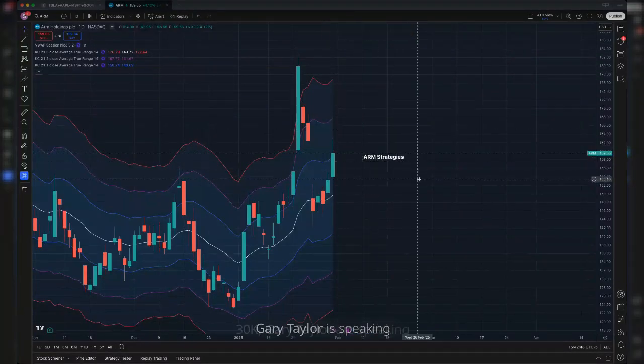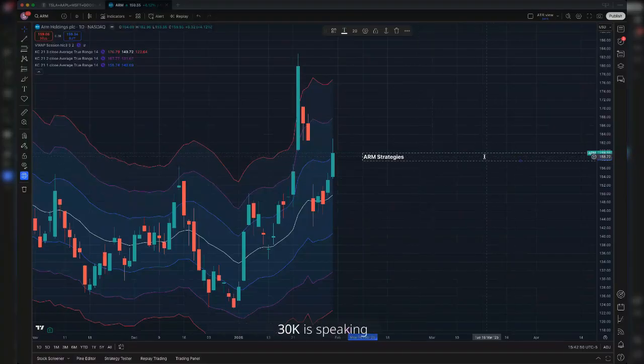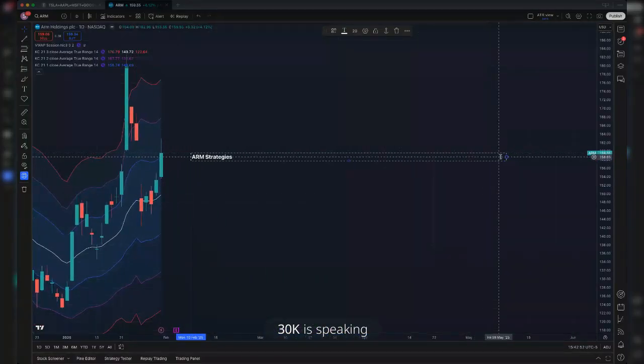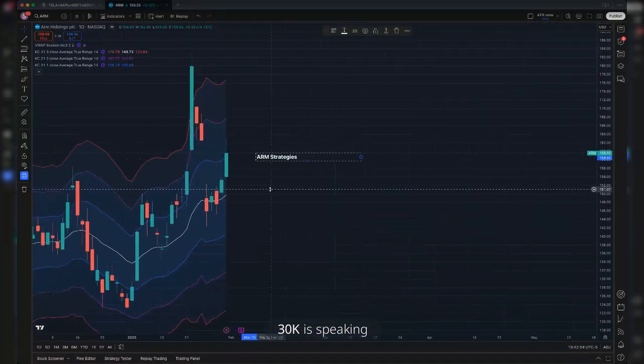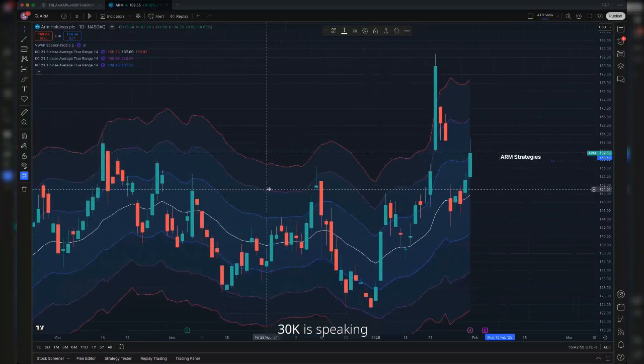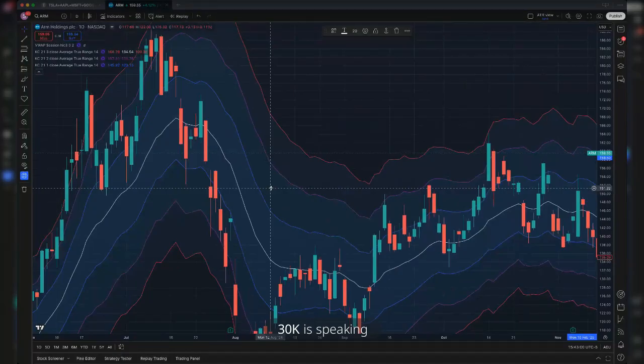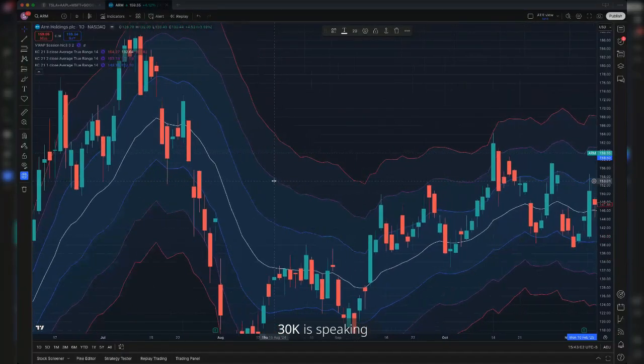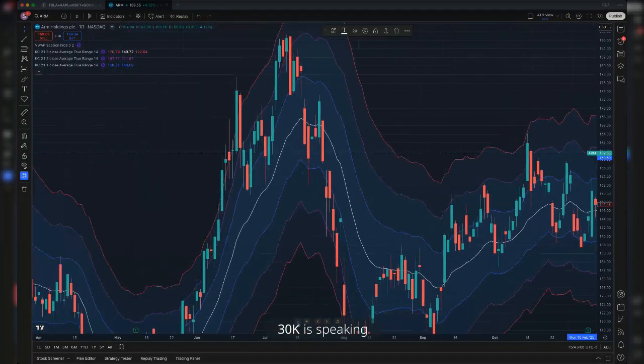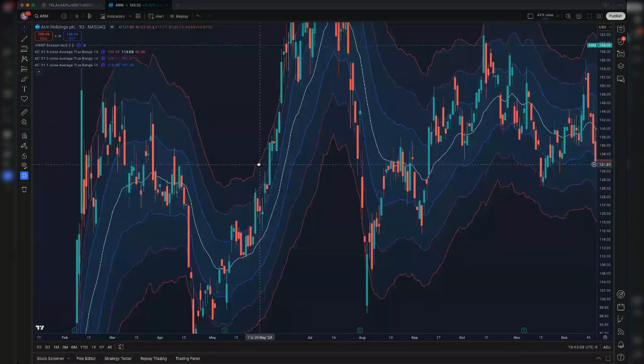All right. So if we're looking at this from a technical standpoint, ARM has been in a pretty good consolidation base. This has been range bound for a while. Let me shrink this. All right.